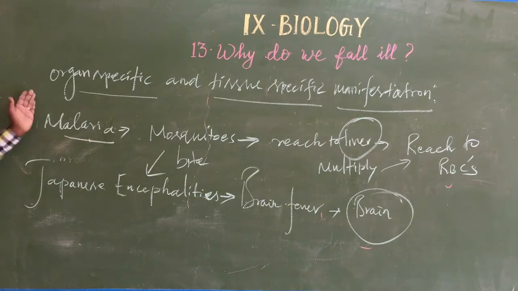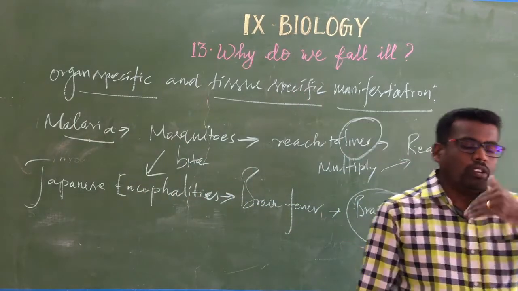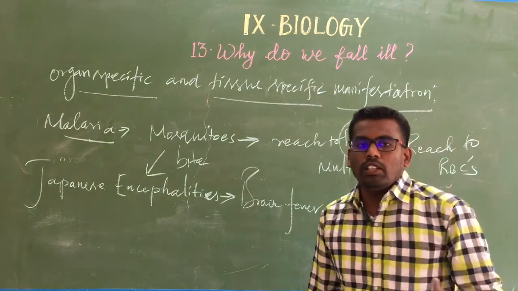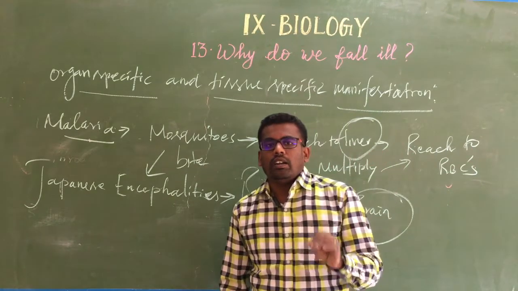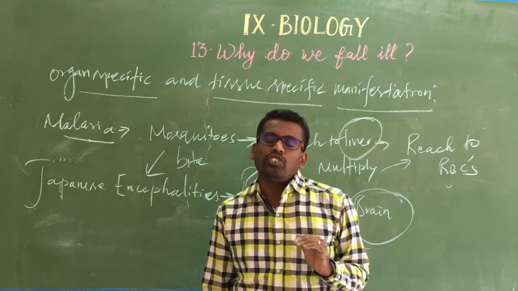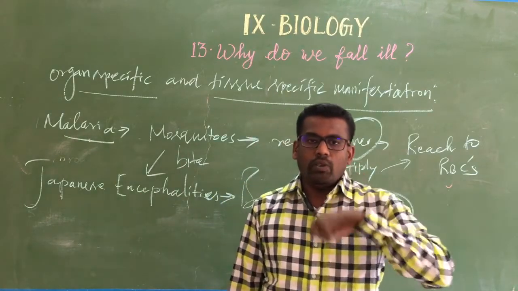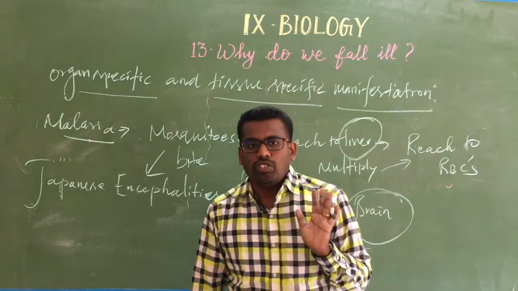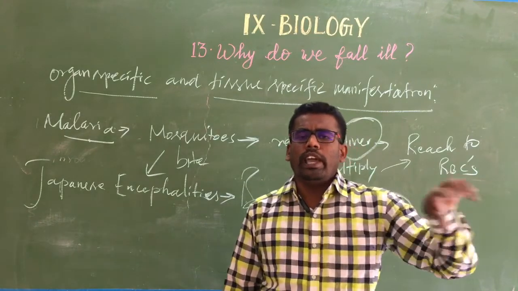Again, organ specific and tissue specific manifestation. ஒரு மைக்ரோ ஆர்கானிசம் உள்ள வந்ததும் where will it stay, எங்க போகும், அது டிசைட் பண்றது யாரு? என்ட்ரி. எந்த வழியா என்ட்ரி ஆகுதோ அங்கதான் போய் ரீச் ஆகும். இப்போ through air, நோஸ் வழியா உள்ள போச்சு அப்படின்னா லங்ஸ்ல போய் ரீச் ஆகும். Or else through the mouth it reaches the alimentary canal.